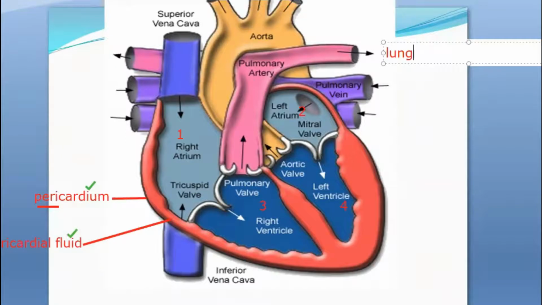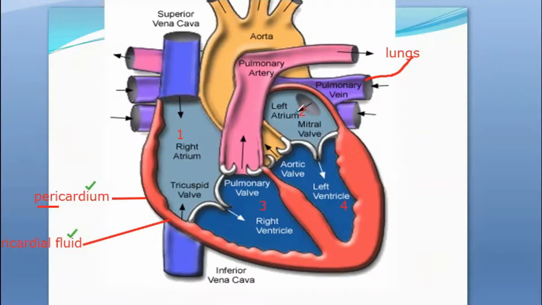When we study about the functions, I'll give the correct explanation why the pulmonary artery carries blood to the lungs. Similarly, from the lungs, other blood vessels originate, known as the pulmonary vein, that carries blood to the left atrium.